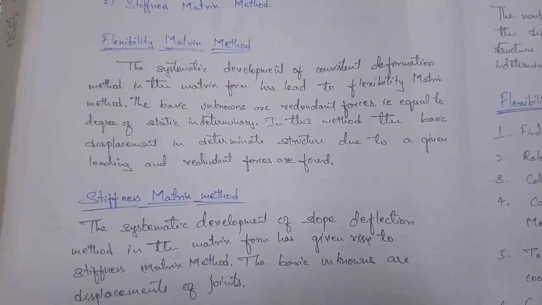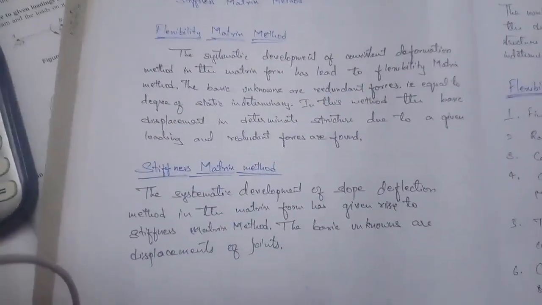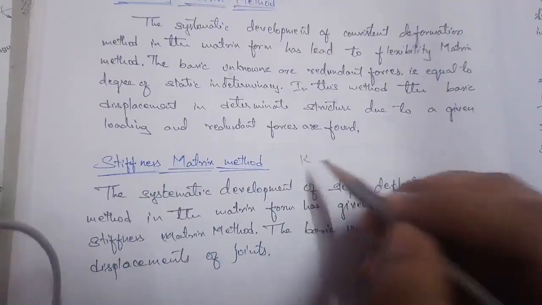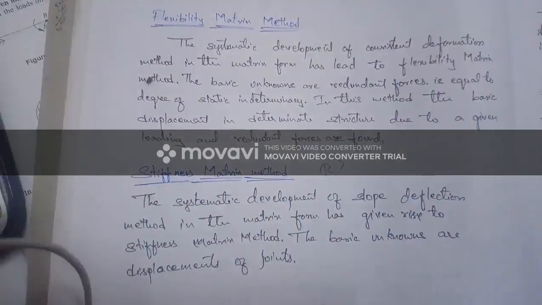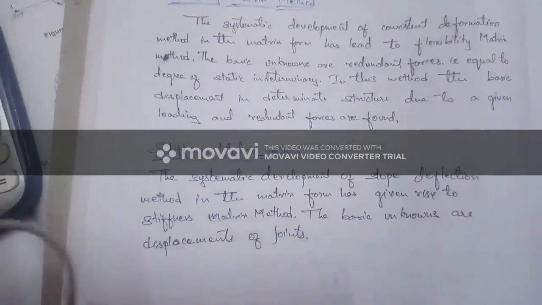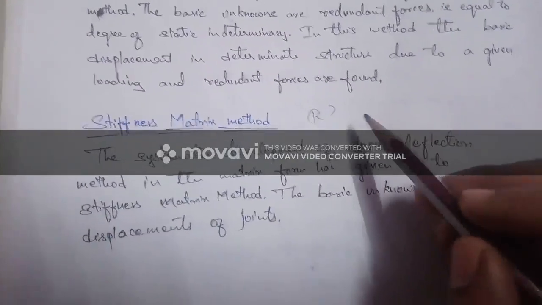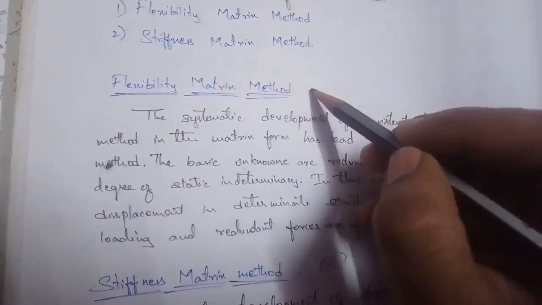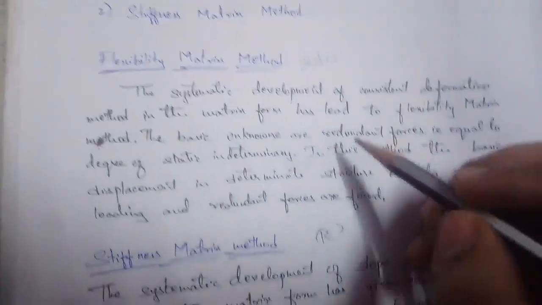Okay, so how are we going to analyze the structures using flexibility matrix and stiffness matrix? You can easily remember one thing: in the stiffness matrix method, stiffness is denoted by K, so that is kinematic indeterminacy, whereas the flexibility matrix method relates to static indeterminacy.